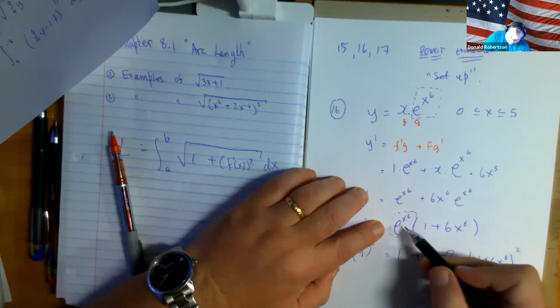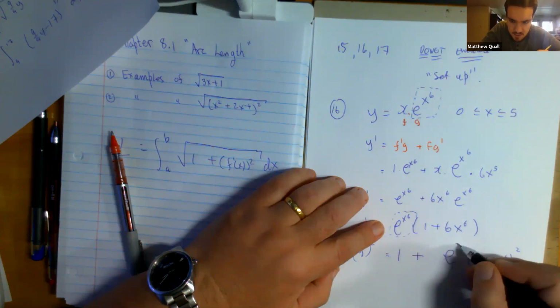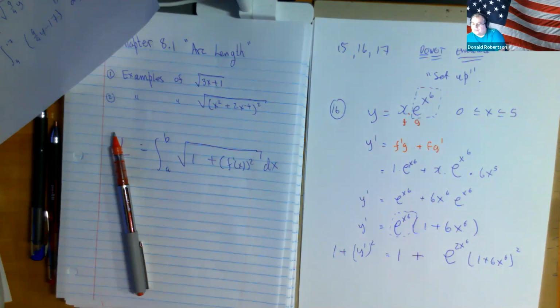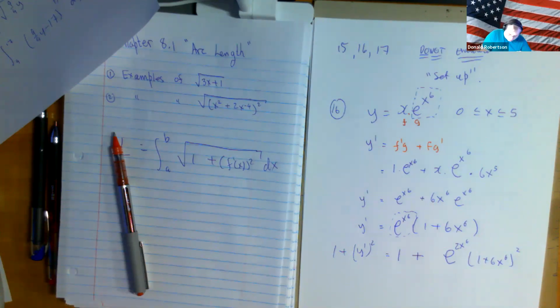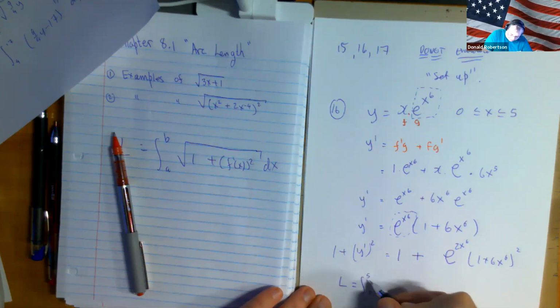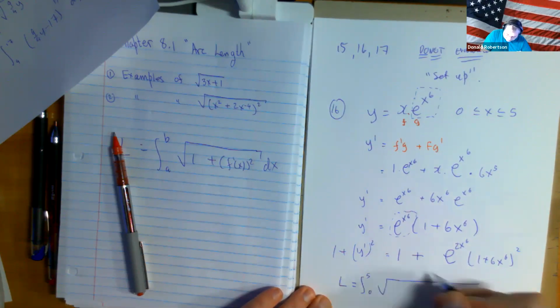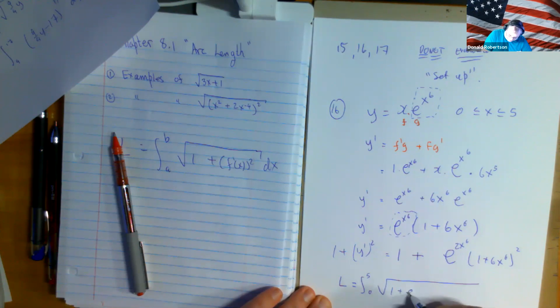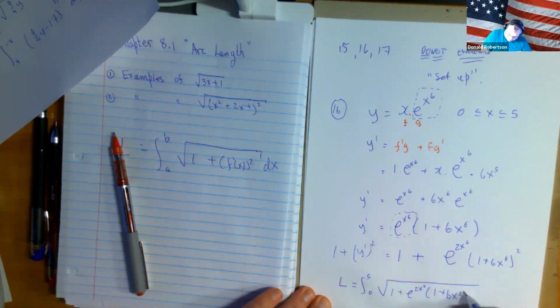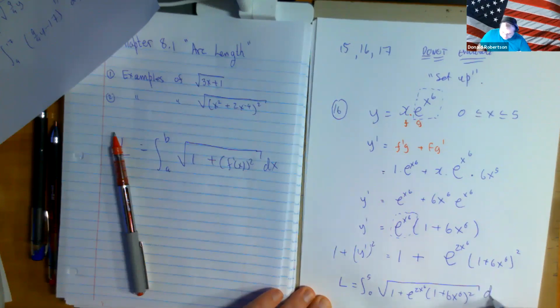Would it be e to the 2x to the 6? Yeah, not x to the 12, but 2x to the 6, correct. And so we are ready. It's going to be the integral from 0 to 5, the square root of that. And you stop there.